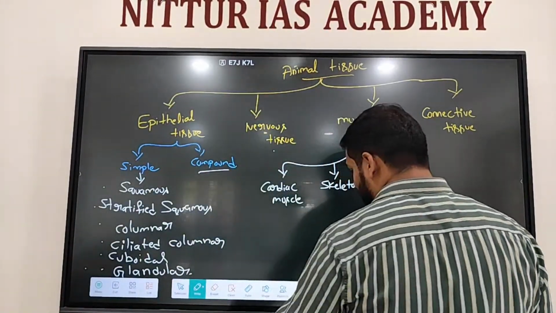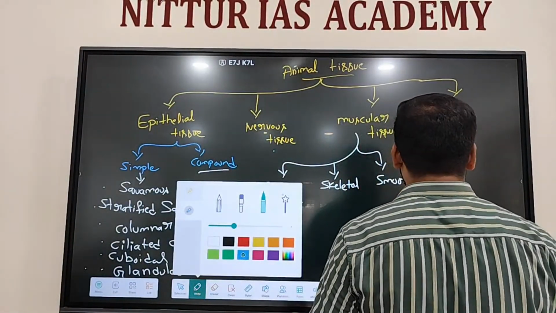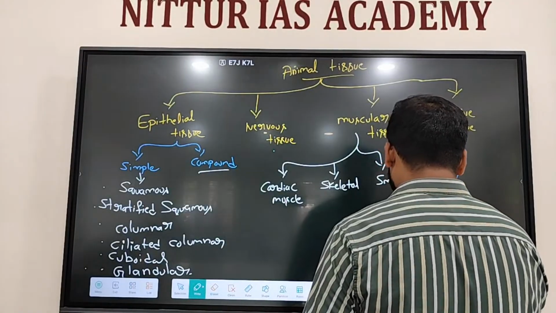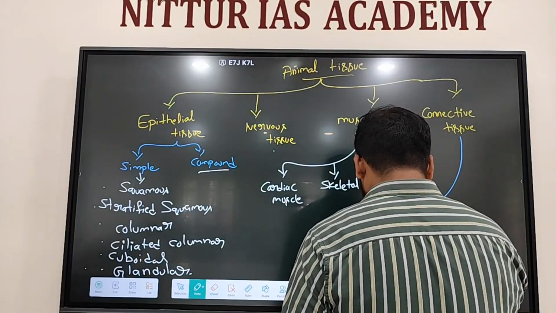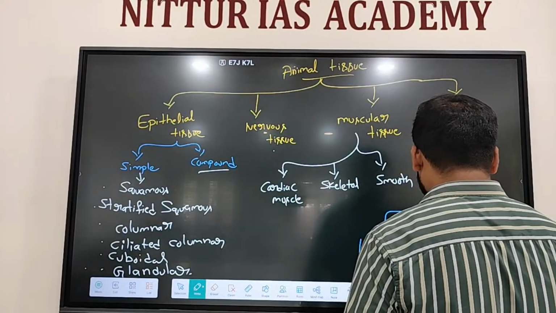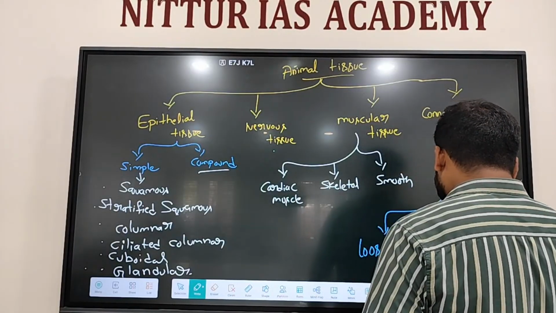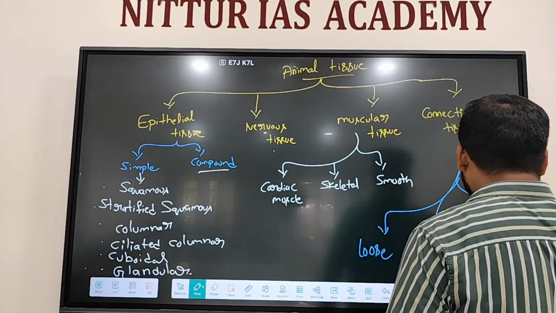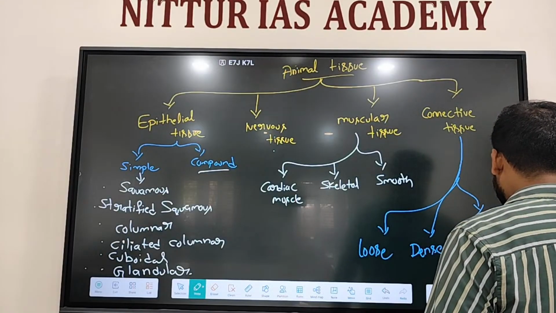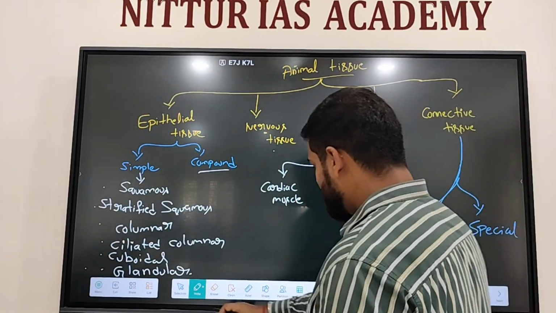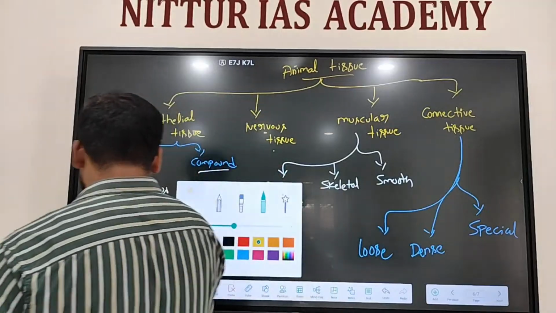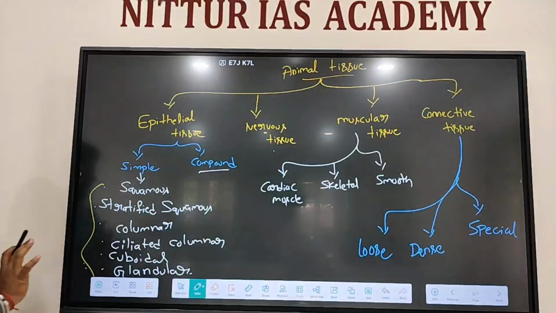Then under connective tissue we have loose connective tissue, dense connective tissue, special connective tissue. Loose, dense, special connective tissues. We'll cover these things here itself.